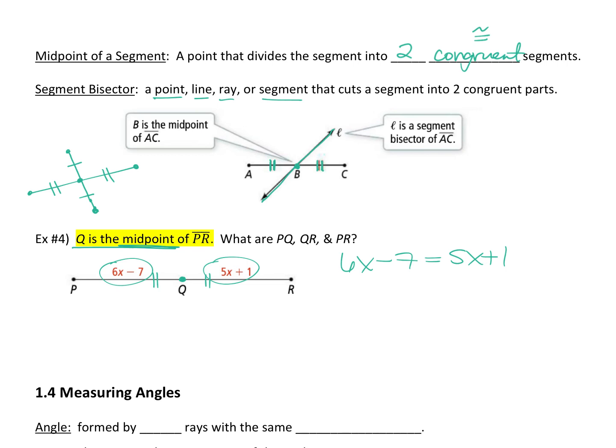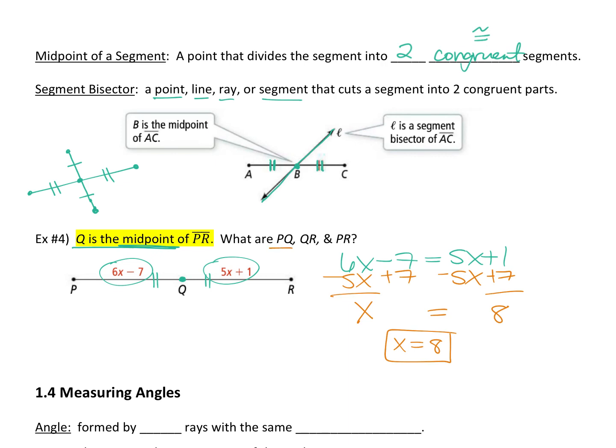So algebra from here, take away the 5x. And you're left with an x on the left. Add the 7. And you're left with an 8 on the right. So our x value is 8, but they didn't ask for x. They asked for 3 different segments, right?